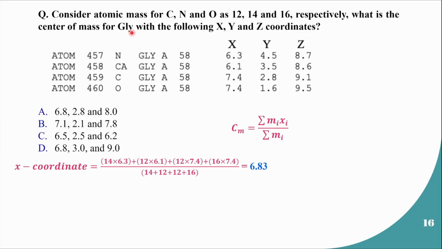So for example, if we just take a look at the first coordinate value, the x coordinate, what you have to do is take all of these atoms, and for each of these cases, take their x coordinate and their atomic mass, and multiply that. For example, the first atom is nitrogen, of course.